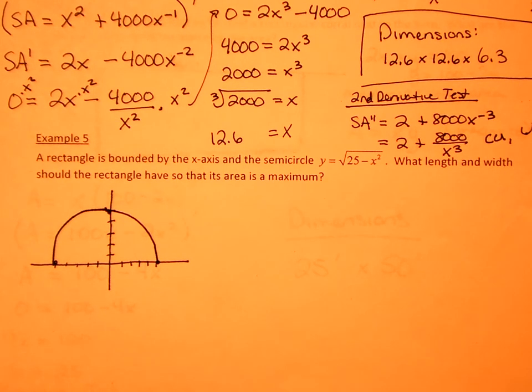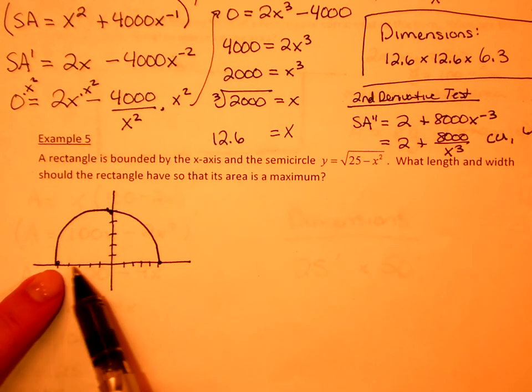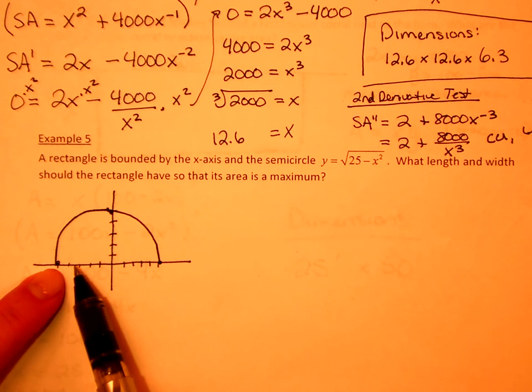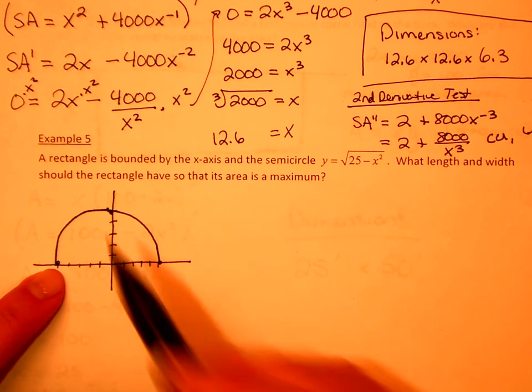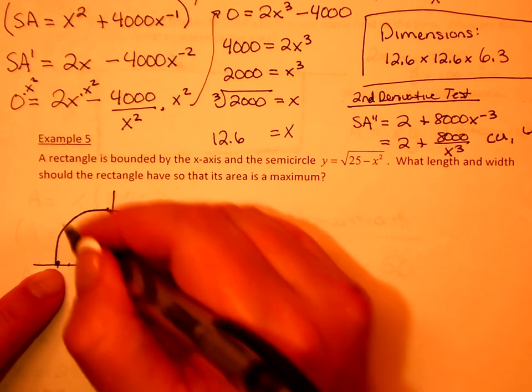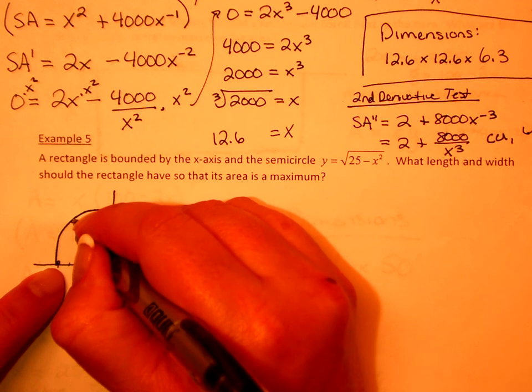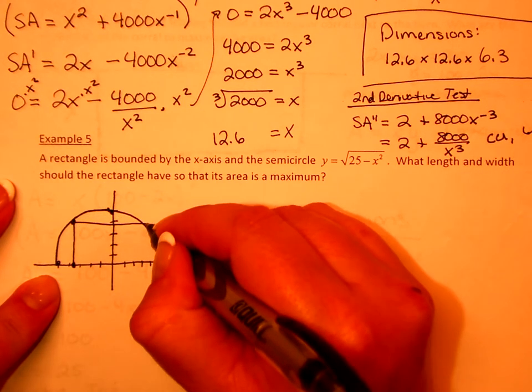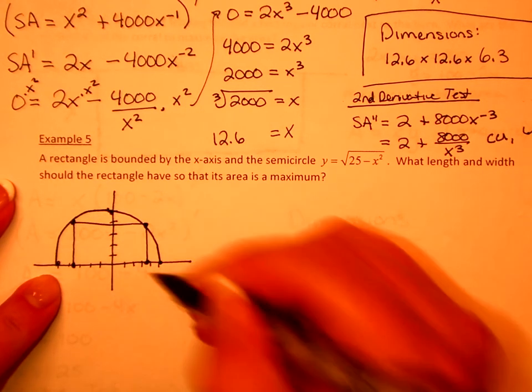All right, now we want to draw a rectangle in there. Okay, it's bounded by the x-axis, so it's not going to go below here. This rectangle is going to stay here, and so I'm just going to draw a random rectangle here.